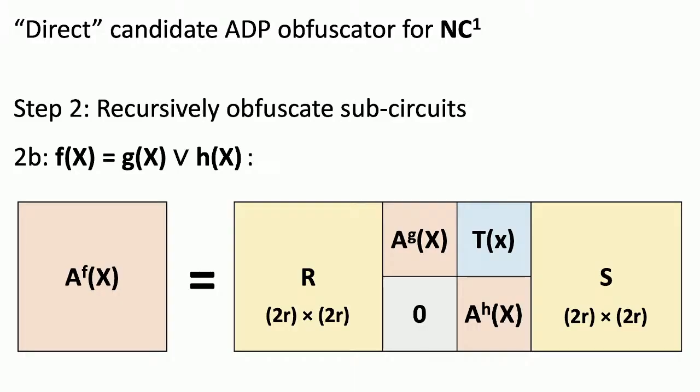So what we do is we just throw in on the upper off diagonal a random ADP, just totally random. Now what this preserves is that if both of these were rank deficient, this saves you and cancels out one of the rank deficiencies, and it's not hard to show that with high probability this will be correct.